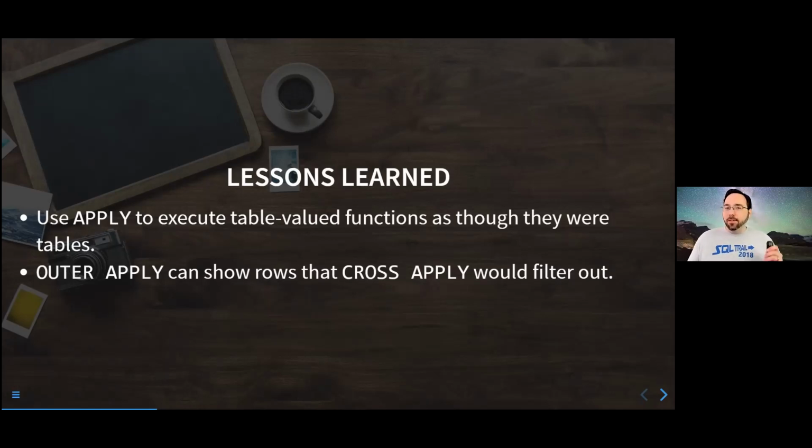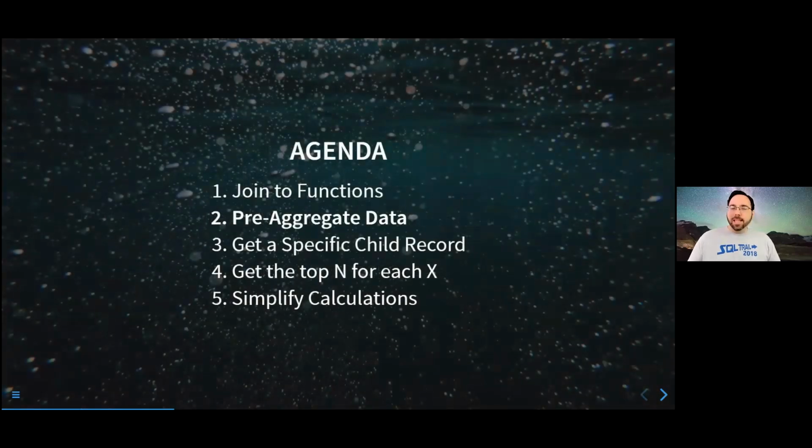Nonetheless, I will say that when it comes to executing table valued functions as though they were tables, apply does a really good job. And outer apply will show you rows that cross apply may filter out. There are some mechanics behind that, but that was probably the least interesting part of this.